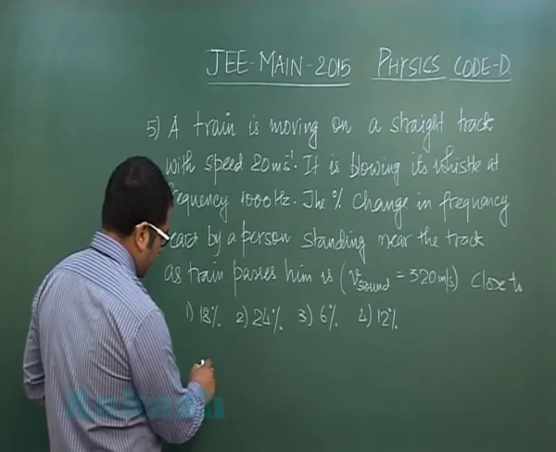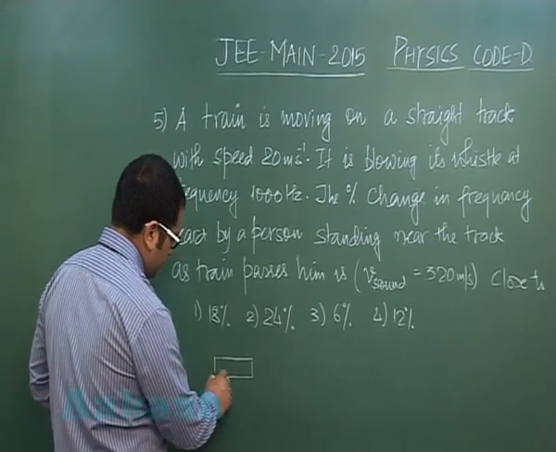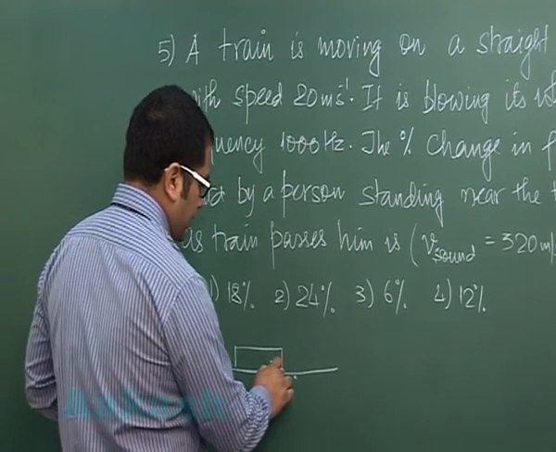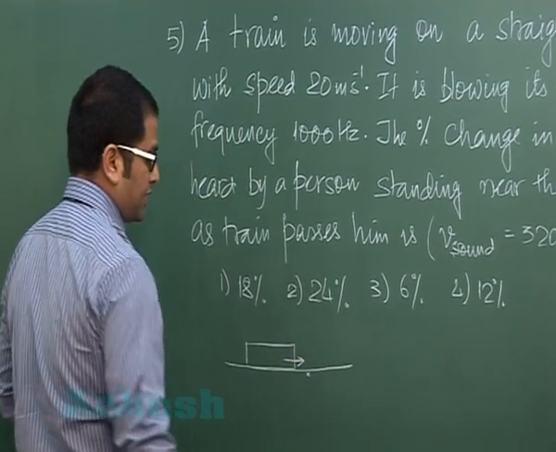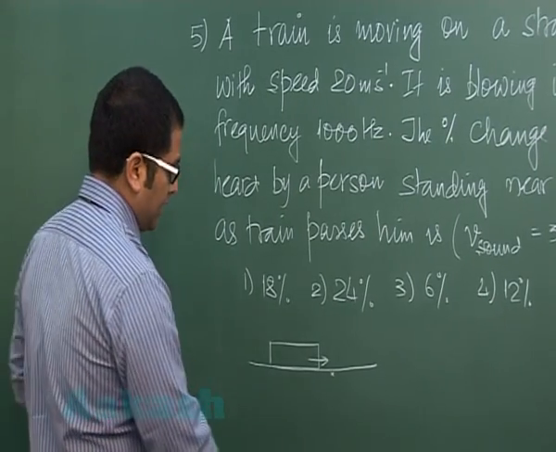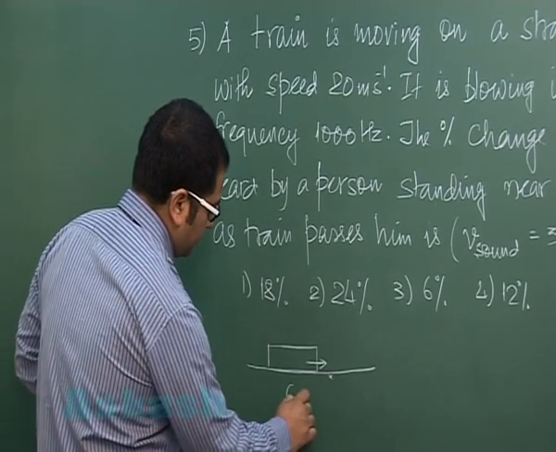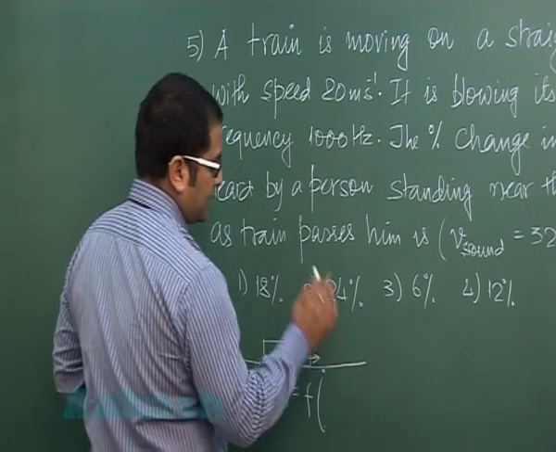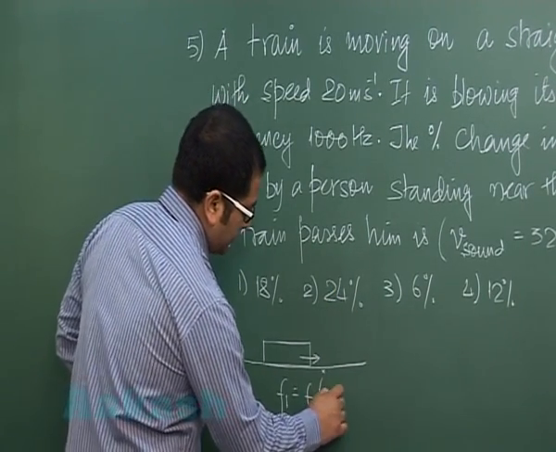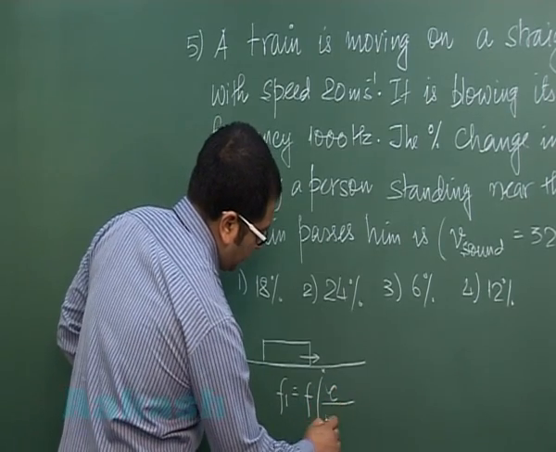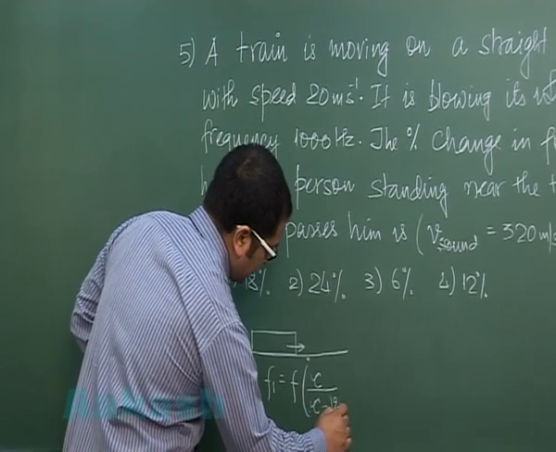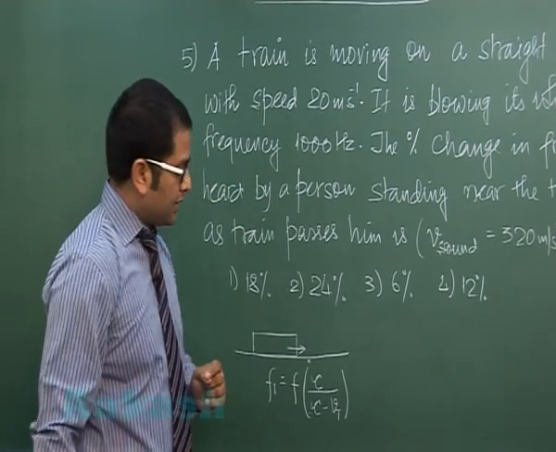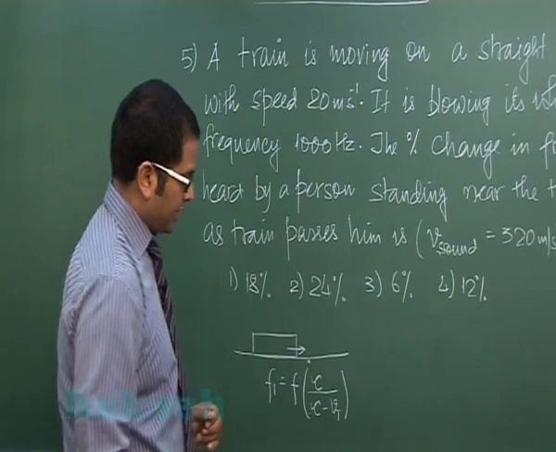It means if this is the train and the person is standing here, initially as the train approaches there is one frequency heard, and that F1 would be f. If I represent c by speed of sound, so that would be f times c upon c minus vt, where vt is the speed of train. That is the first frequency heard when the train is approaching.